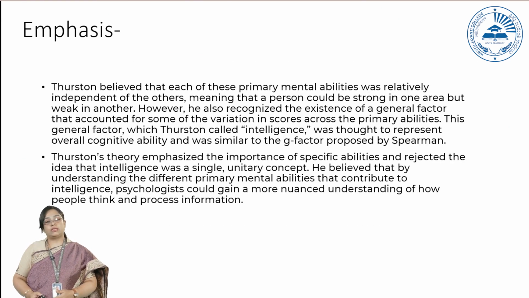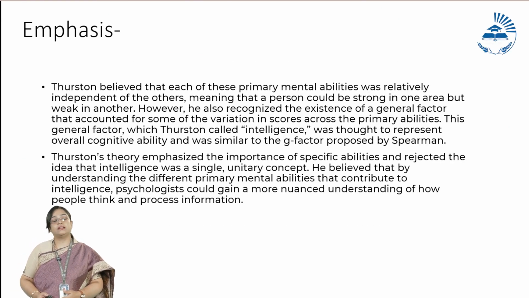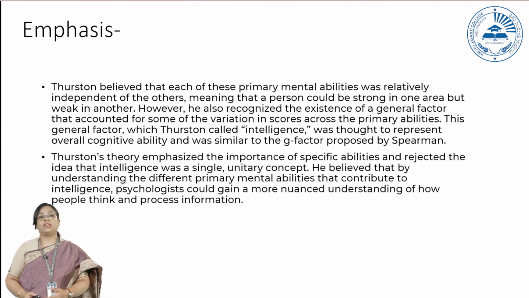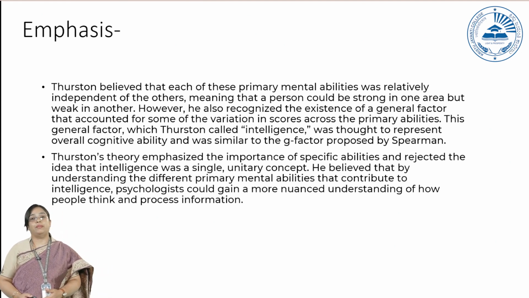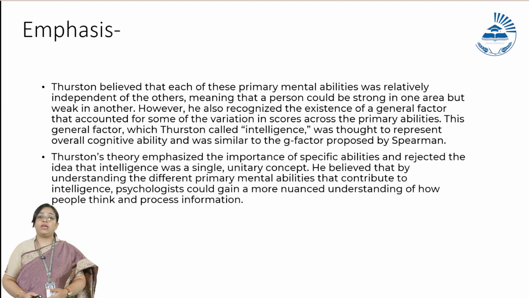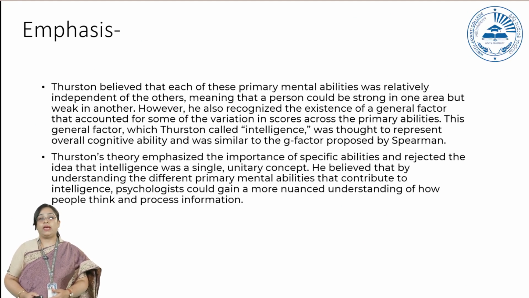Let us look at the emphasis that Thurstone has given in his theory. Thurstone believed that each of these primary mental abilities was relatively independent of the others, meaning that a person could be strong in one area but weak in another.